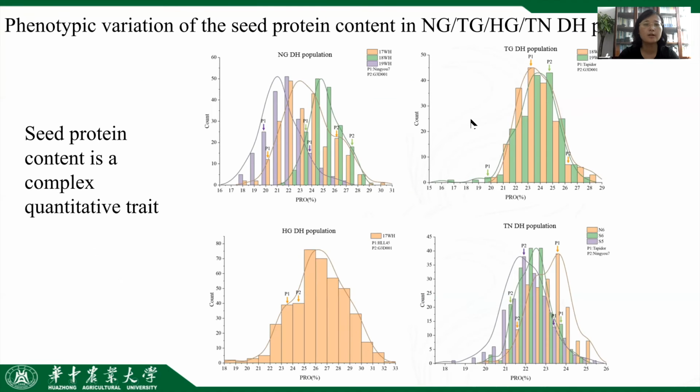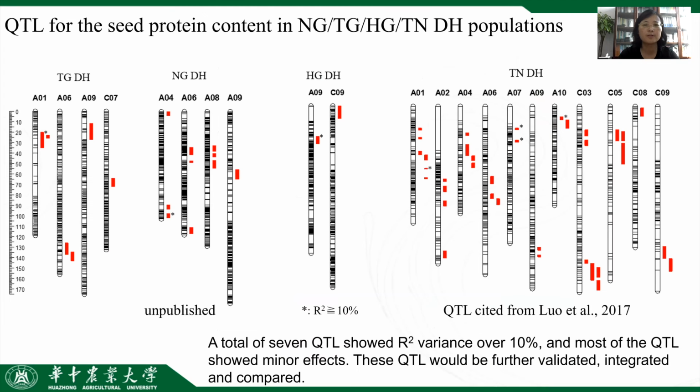For seed oil and seed protein content in these 4 populations, we can see the seed protein content is also a complex quantitative trait, and by using the phenotypes in different environments, we can identify a lot of QTLs for this. But we can also see a lot of QTLs presented minor effects.